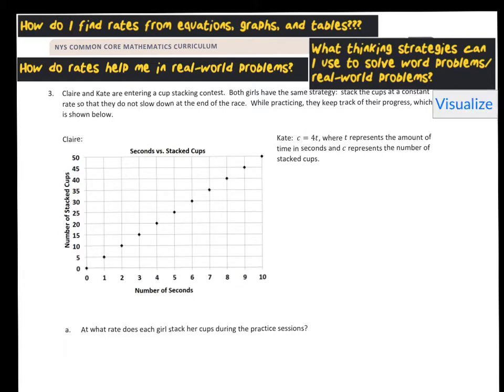Okay, so now you've had time to read the story, and I want to go right into one of the first strategies we're going to use, which is to visualize. To visualize means to create a movie or picture in your head based on the words. So many of you probably know what cup stacking is, so maybe you can remember a time and connect to an experience you have with cup stacking, what it looks like, what it sounds like, if you've ever participated in it, what it feels like, and how it works.